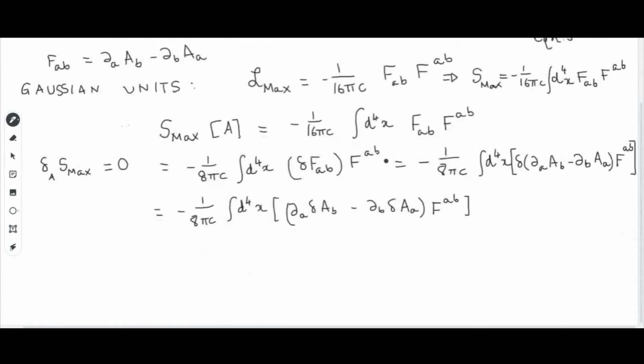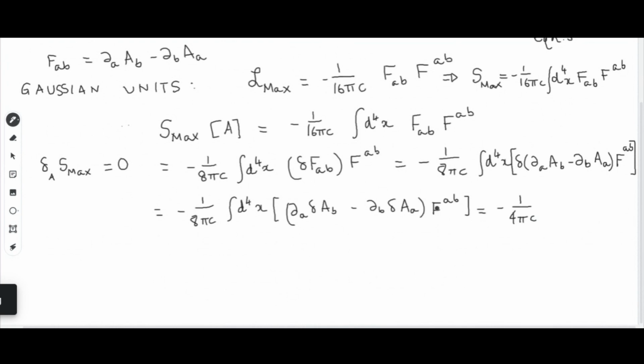But notice that here, these two terms are identical again. Why? Because I can change A to B and B to A, and put a plus here because this is antisymmetric, right? So only the antisymmetric combination will come, and therefore what I have here is this very simple term, which is 1 over 4 pi c. The 4 comes because these are identical terms.